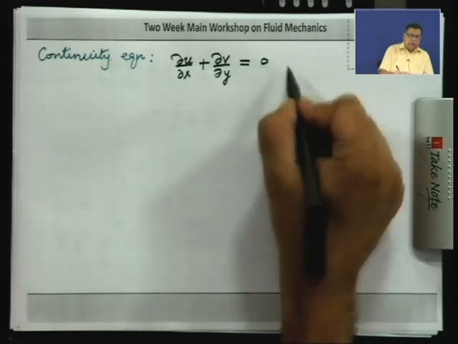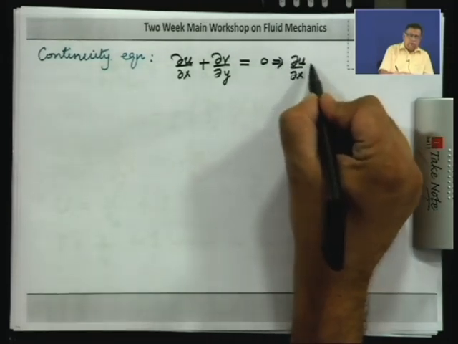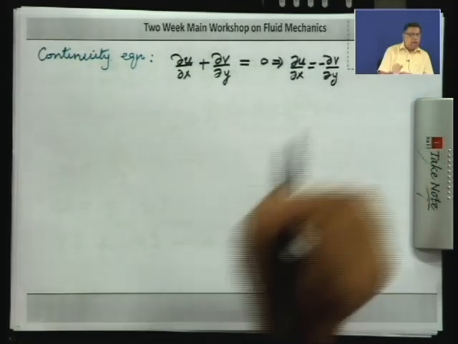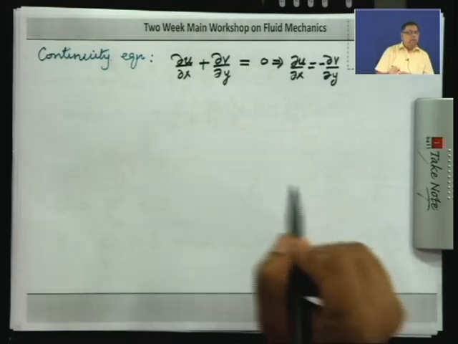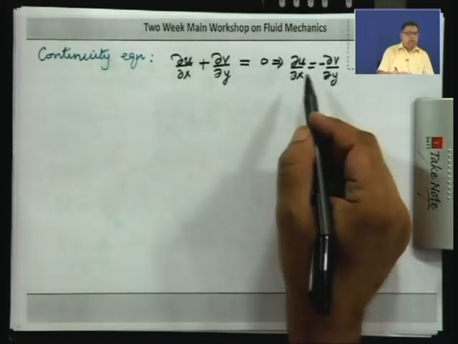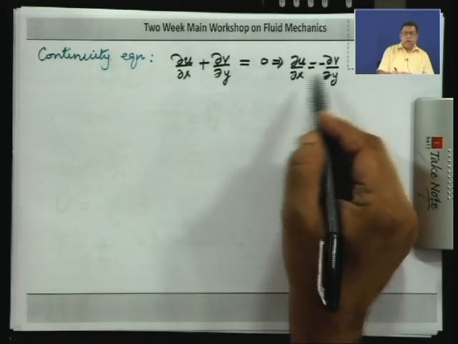So, this implies that del u del x is minus del v del y. Now, once again if you go back to the case of fully developed flows, you should see that each term in the equation is 0, that is v was identically 0 everywhere. So, del v del y was 0 and u was a function of y only.